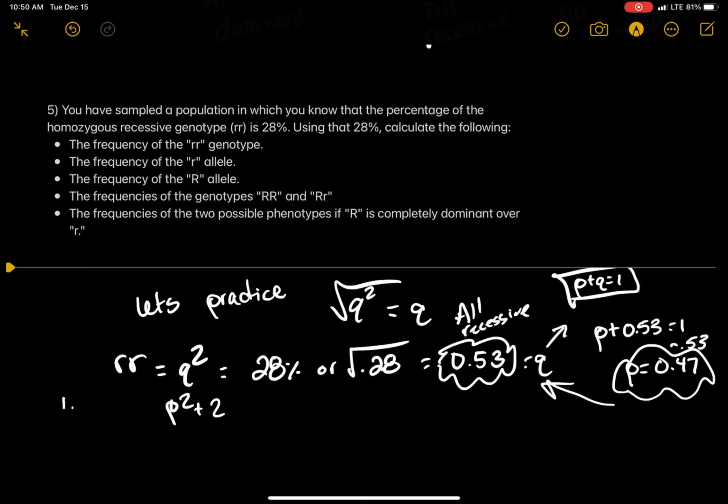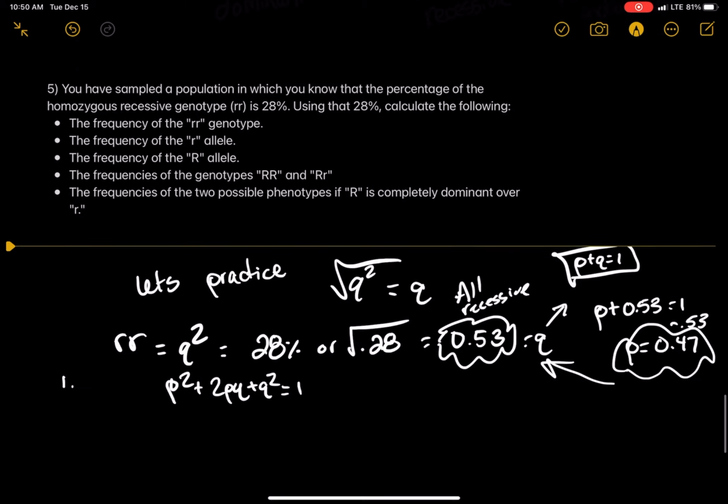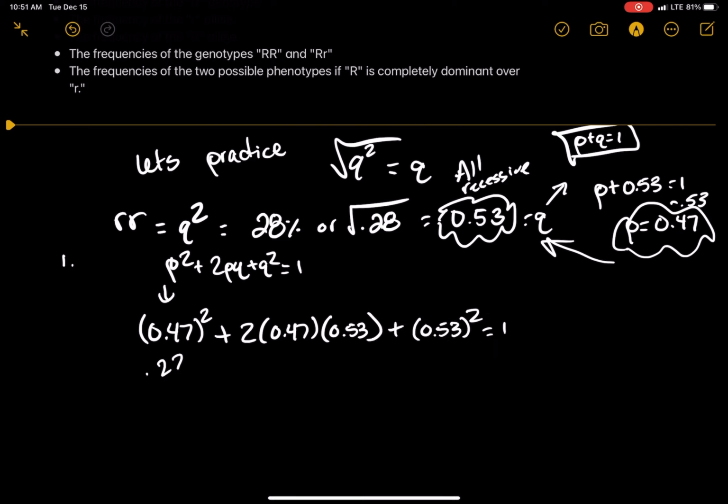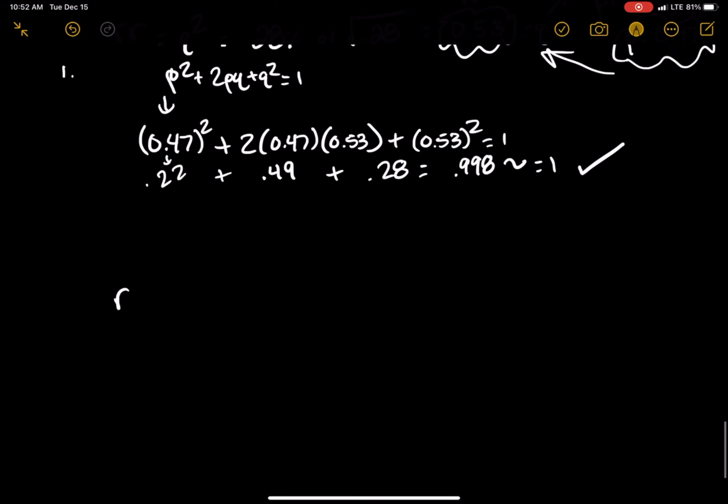Now we have both of our values for P and Q. Now let's plug and chug. You put your 0.47 squared. You add that to 2 times 0.47 times 0.53. Then you add that to 0.53 squared. If that equals 1, you're good. So I get 0.22 plus 0.49 plus 0.28, and I'm getting a value of 0.999 repeating, and that is close enough to 1.